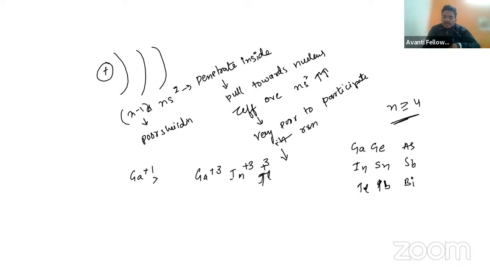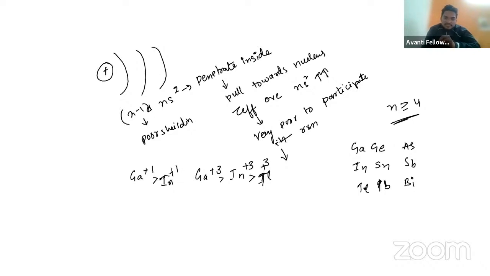Down the group, size increases, and the stability of the higher oxidation state decreases, whereas the stability of the lower oxidation state increases. So that's why Ga+1 is more stable than In+1.